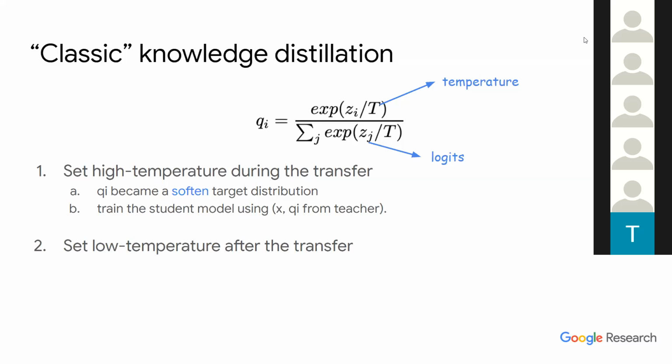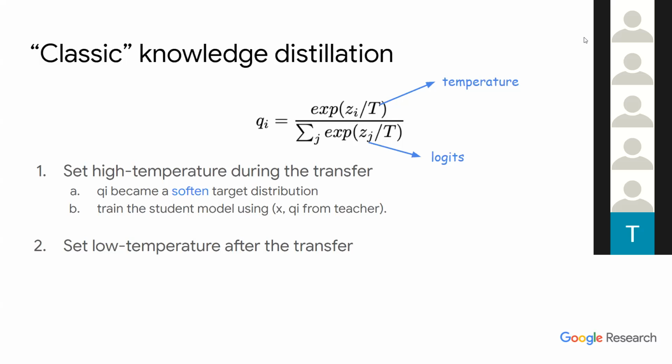But if you soften the labels, like 0.8, 0.1 and so on, you are actually passing the knowledge that these two classes are confusing. So when you soften the labels, you are passing more knowledge from the teacher to the student. That's why they use the high temperature setting for the distillation.